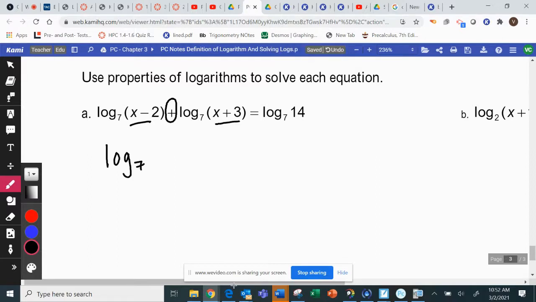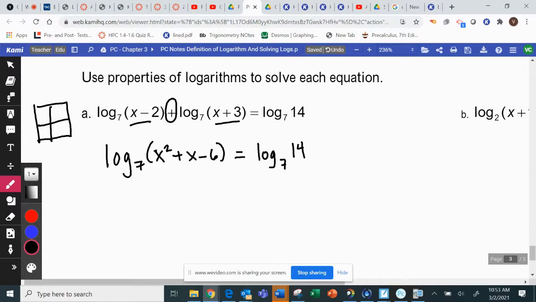Multiply. Okay, so I multiplied it. If you can't do that in your head, you could draw the grid or you could FOIL. And that's what I did.